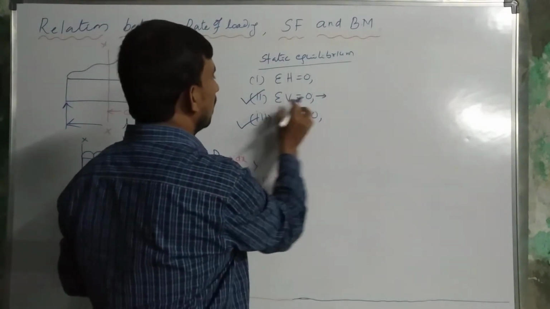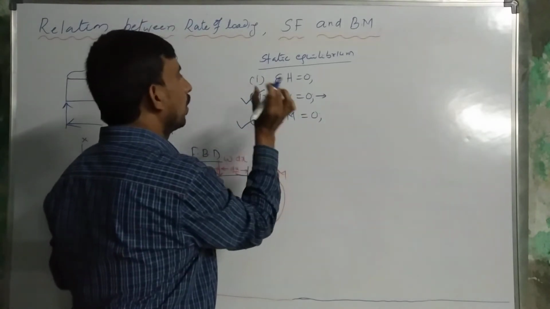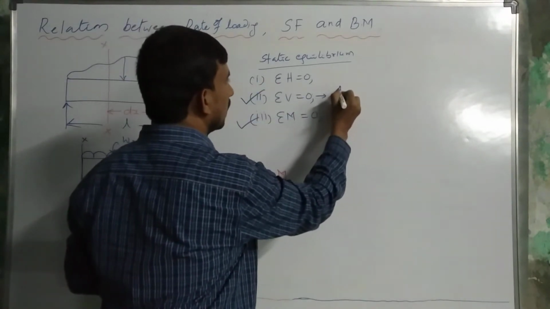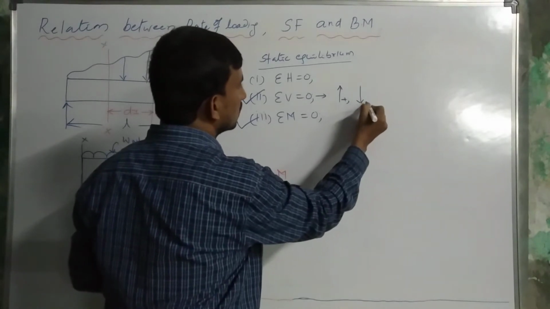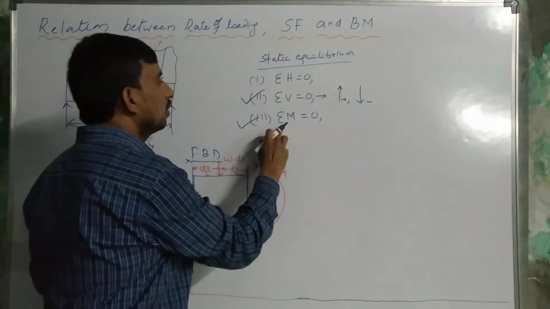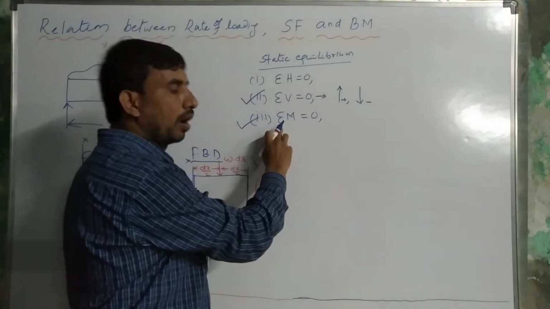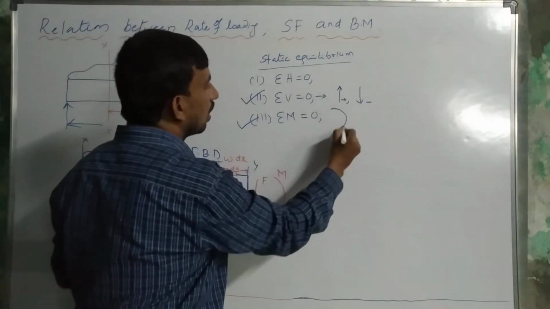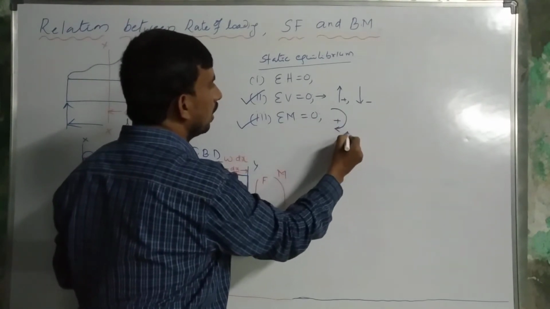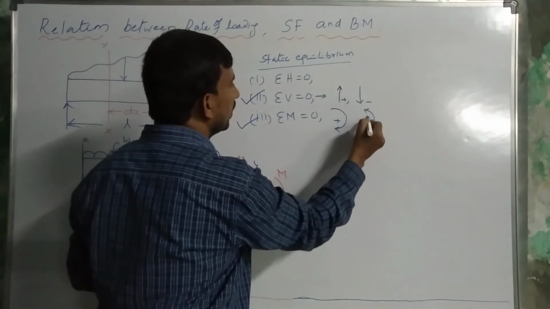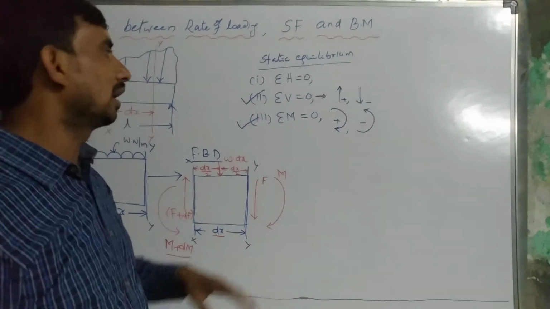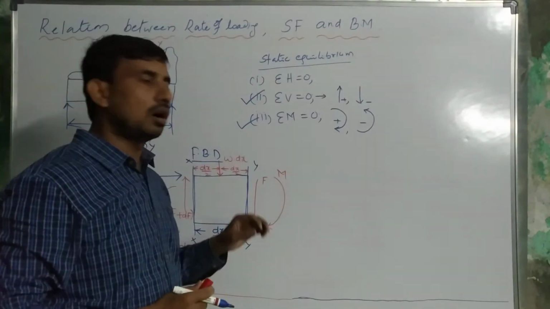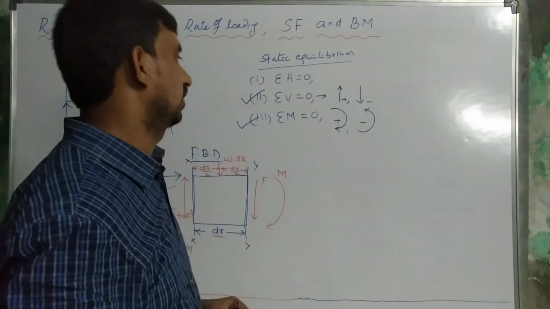When doing the algebraic sum of vertical forces, all vertically upward forces are positive and all vertically downward forces are negative. And when taking moments about any point, all clockwise moments are positive and all anti-clockwise moments are negative. I am going to use this sign convention to calculate moments of forces about any section.